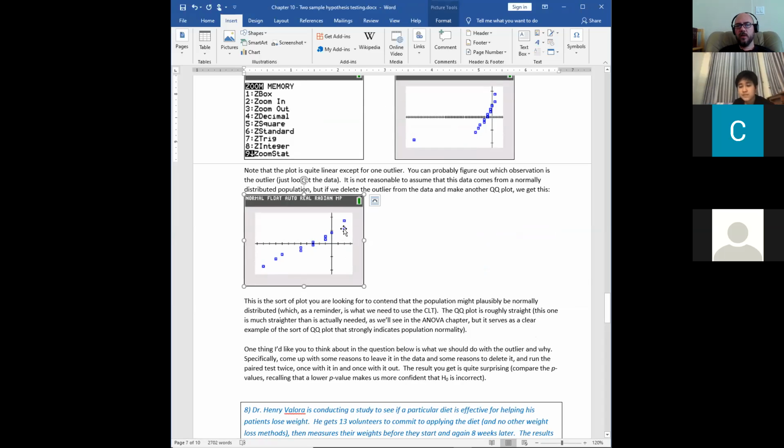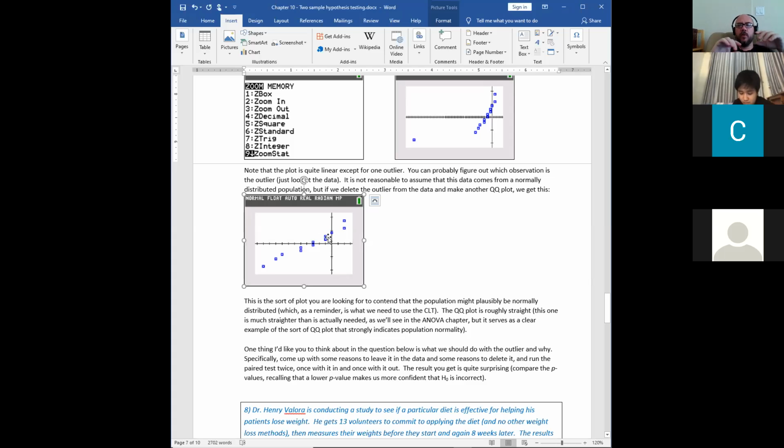Everything else looks fine. When you do it, you actually get a smaller p-value when you take him out, which seems really strange if you think about it, but that's how it works out. And so you would be even more sure that it caused people to lose weight without him in there. And then the data looks more normally distributed too.